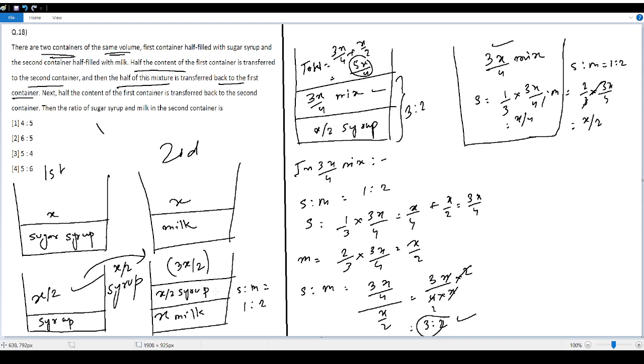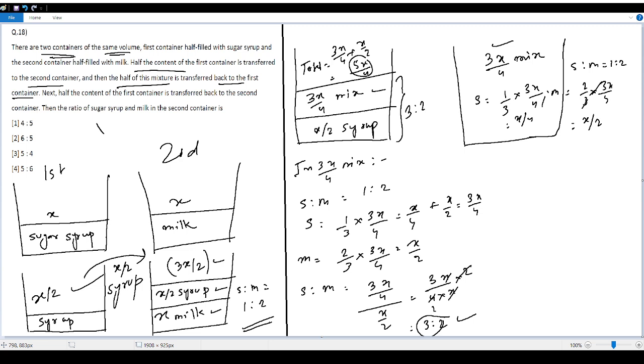Here you can see x by 2 syrup came and x liters of milk was already there. So what is the total quantity? 3x by 2. Now what is the syrup to milk ratio over here? 1 is to 2, because x by 2 is syrup and x is the amount of milk. So syrup is half of the amount of milk. Did you understand this till here?